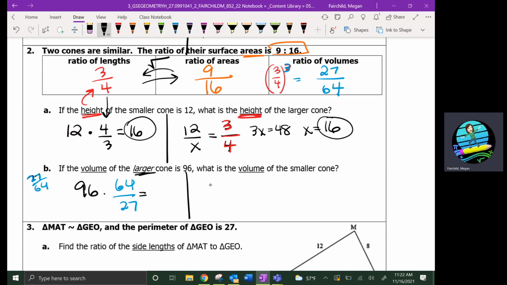Wait, no, I want it to get smaller. So I would use 27 over 64. Or you can set up a proportion, big over small equals big over small, so you would flip it for that.